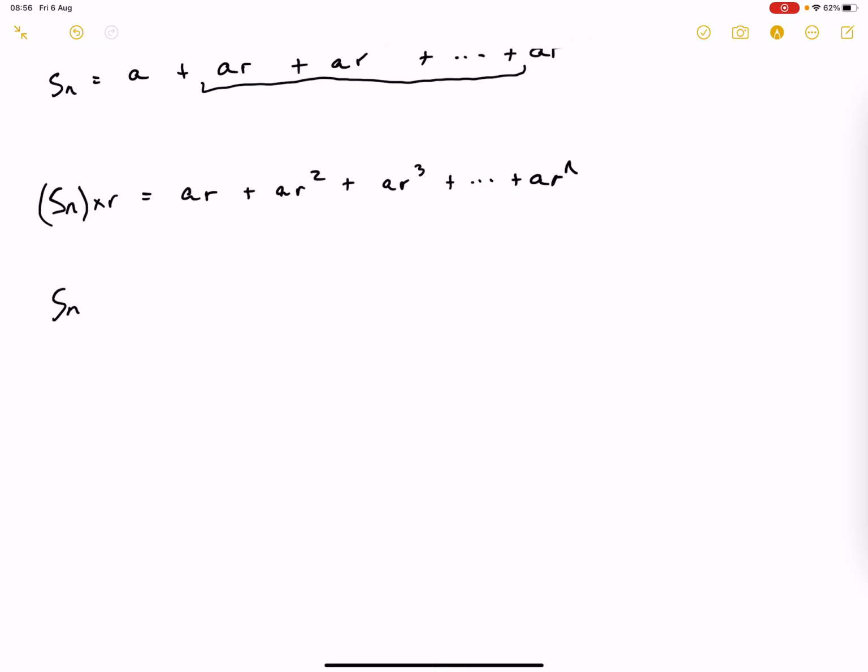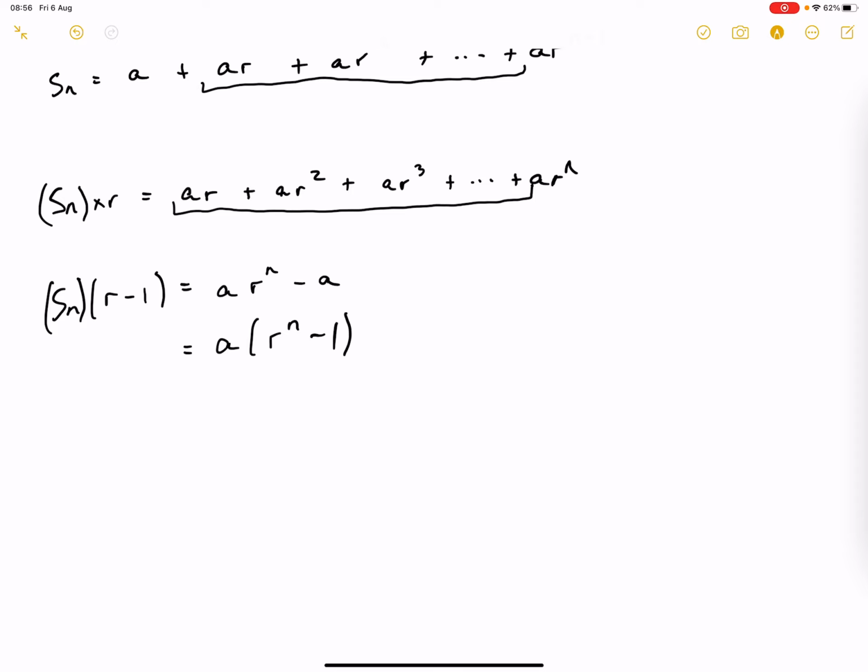So the sum to n times r minus 1 will be equal to the only terms that aren't cancelling, which are the terms that aren't in these brackets, so the AR to the n and the a. So we're going to have AR to the n minus a, which we can write as a times r to the n minus 1.